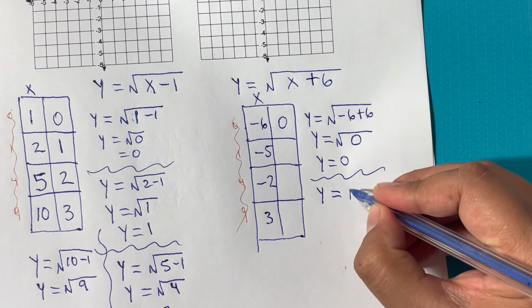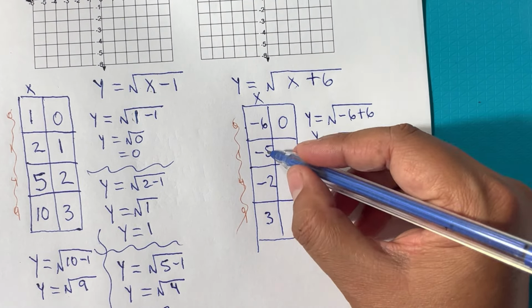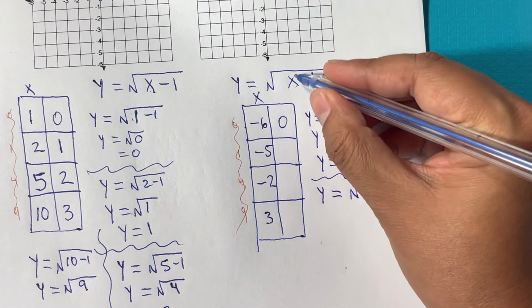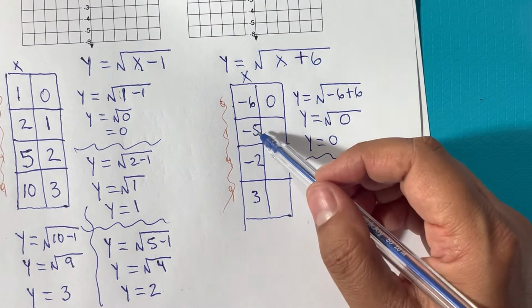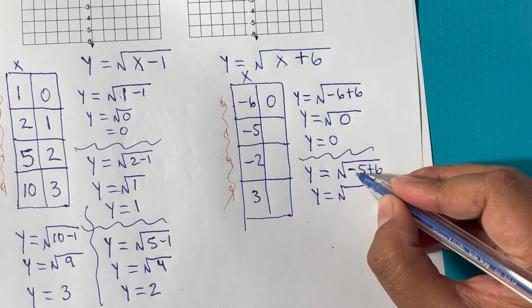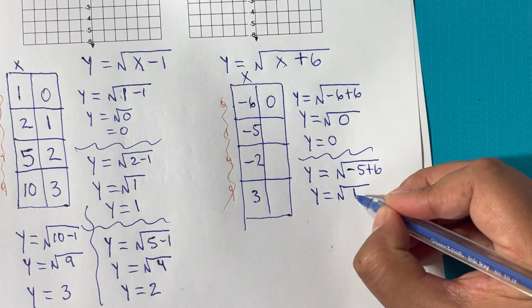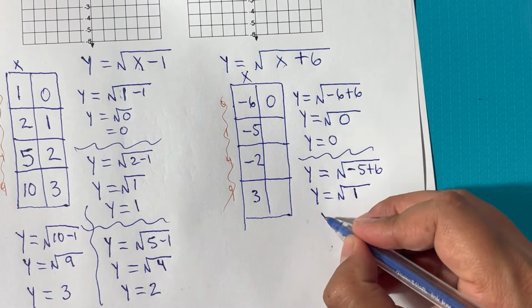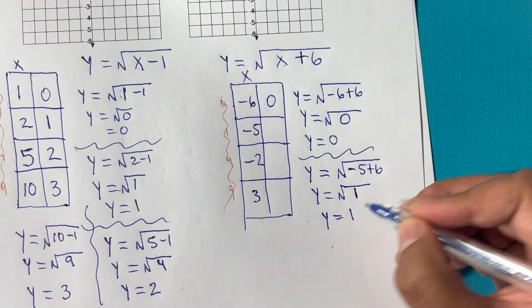Y is equal to the square root of -5 plus 6. All I'm doing is substituting that value of X with the values that we found in here. Y is equal to the square root of -5 plus 6, which is positive 1. Remember that we subtract and leave the greater sign. The square root of 1 is 1.